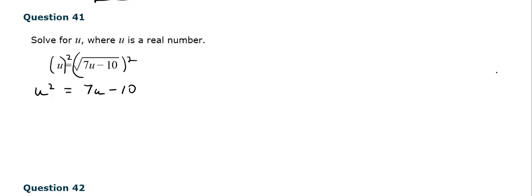So I'm going to move the 7u and the negative 10 to the other side by taking their opposite. Positive 7u, when I moved it to the left of the equal sign, became negative, and negative 10 changed to a positive 10. Now we need to factor. We're looking for the factors of positive 10 that add to a negative 7.